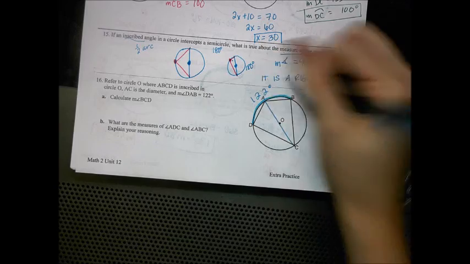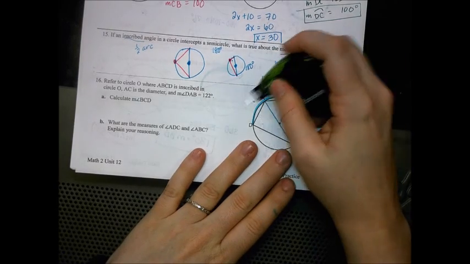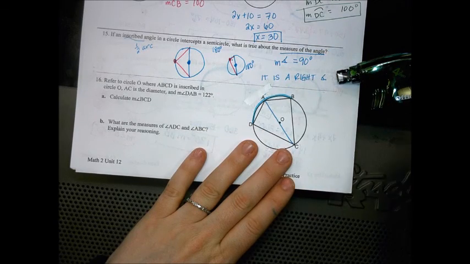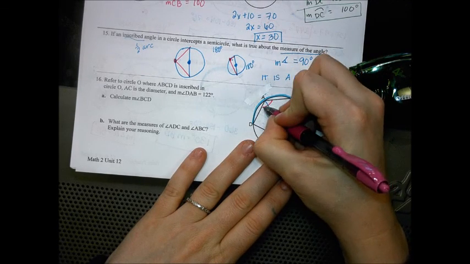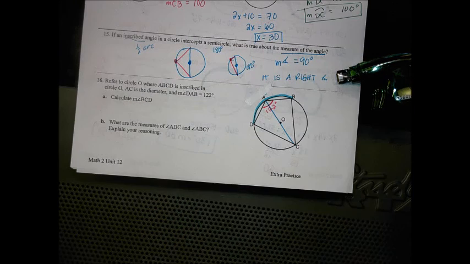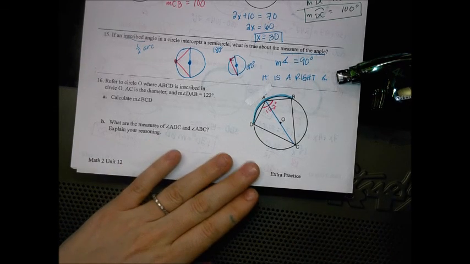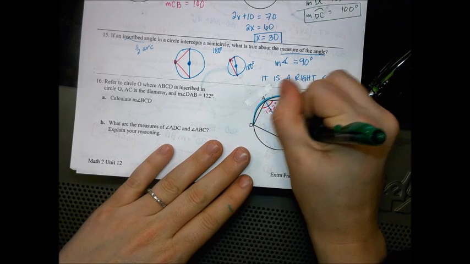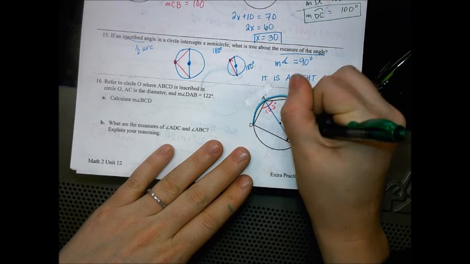That's the measure of the angle, not the measure of the arc. So the measure of this angle DAB is 122 degrees. Calculate the measure of angle BCD. So we want to find BCD, whatever this measure is here.